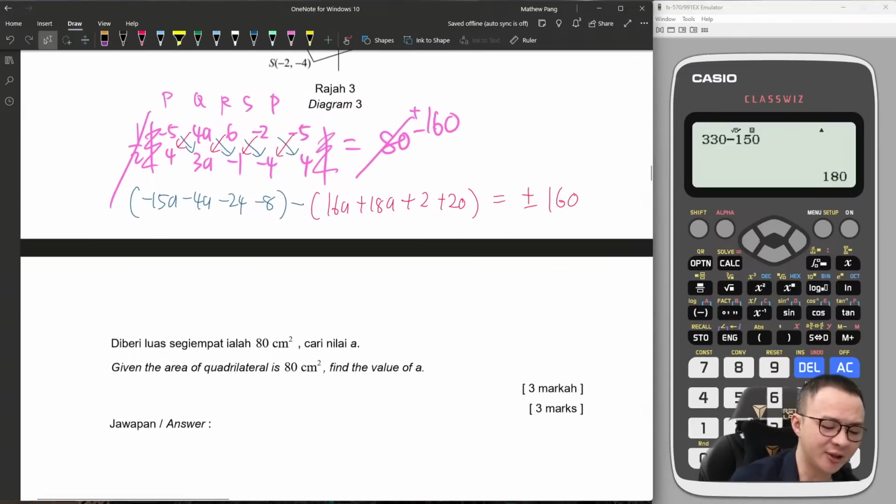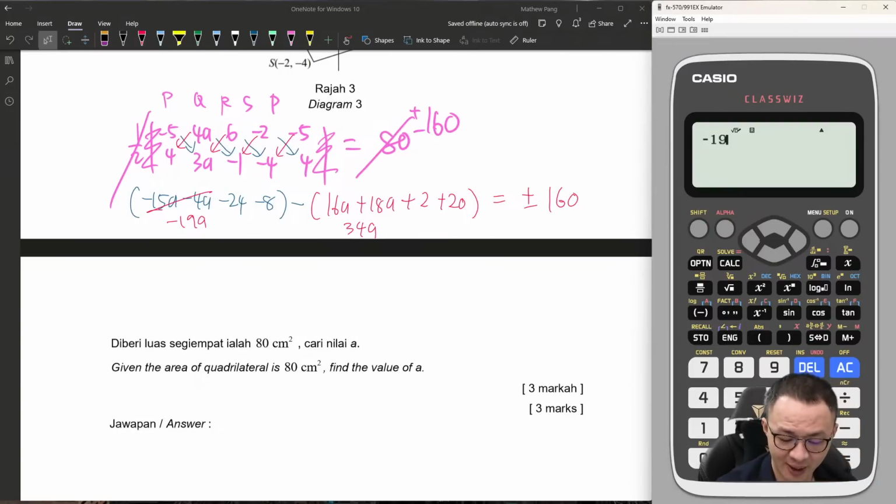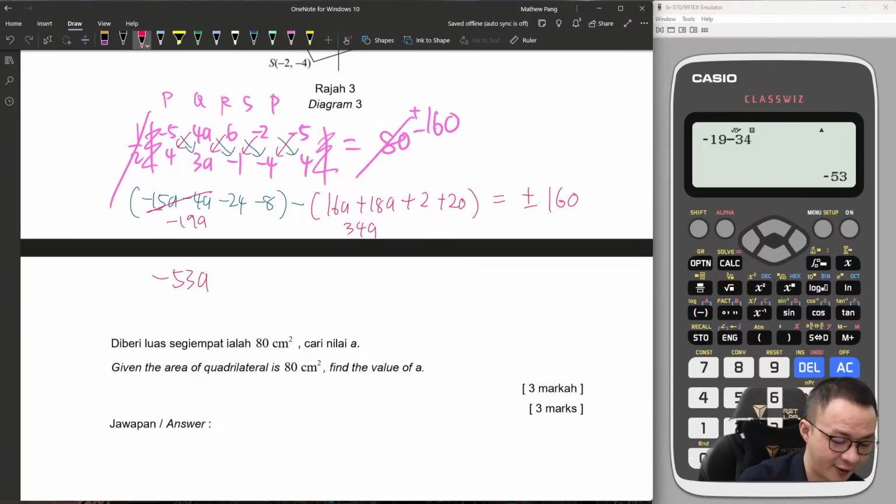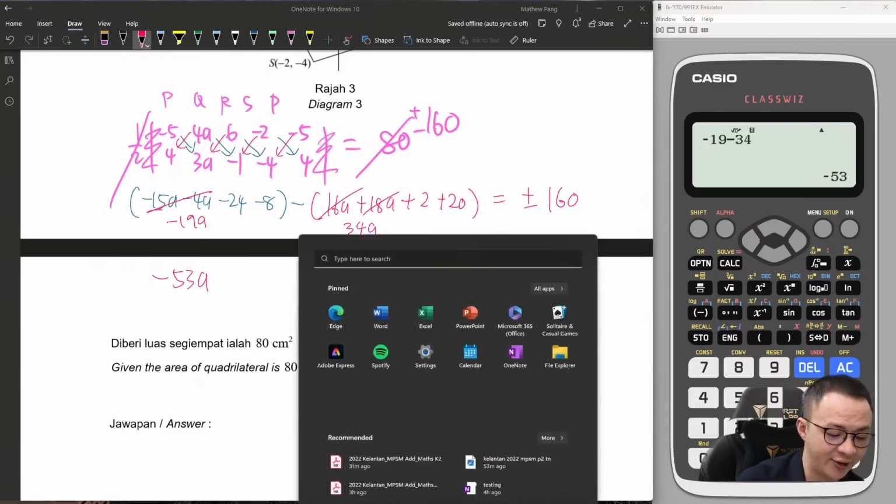Then we will try to solve this a little bit. Here I got negative 19a, minus here I got 34a. So negative 19 minus 34, I got negative 53a. Now I get rid of all the a already.